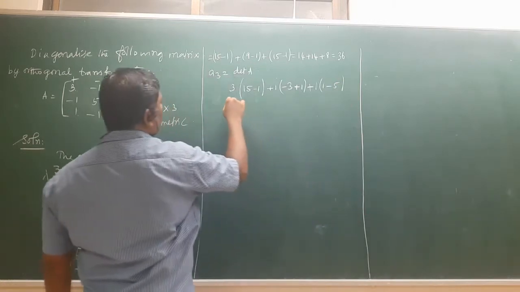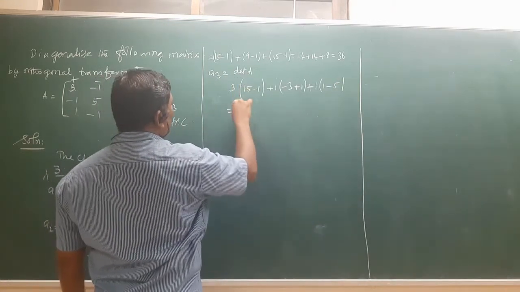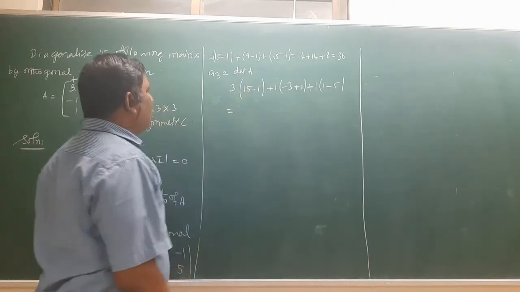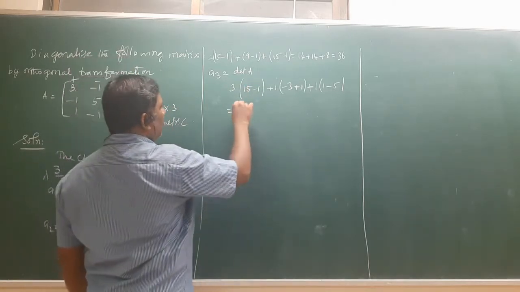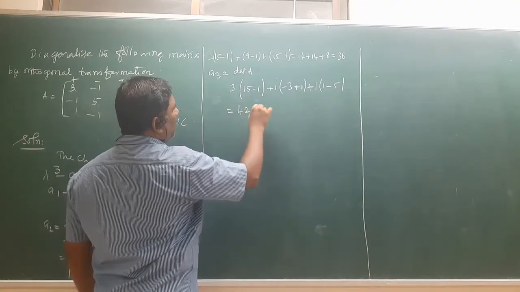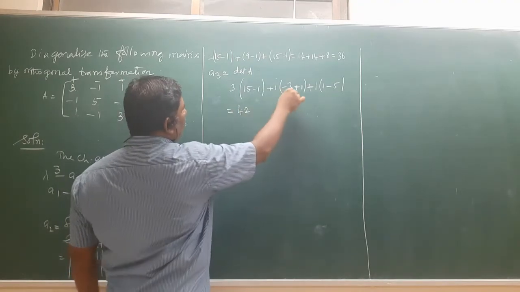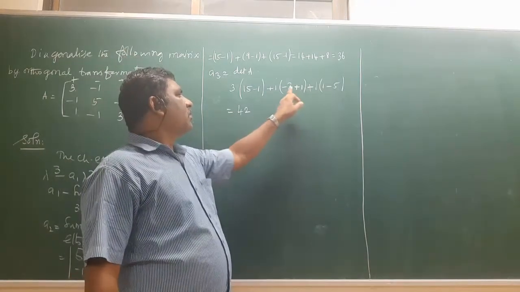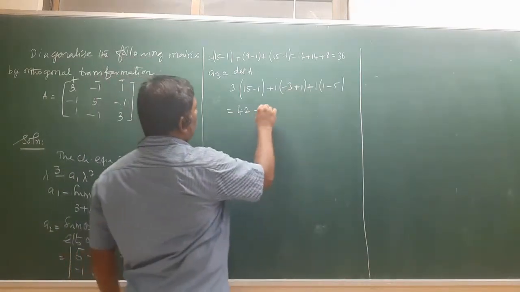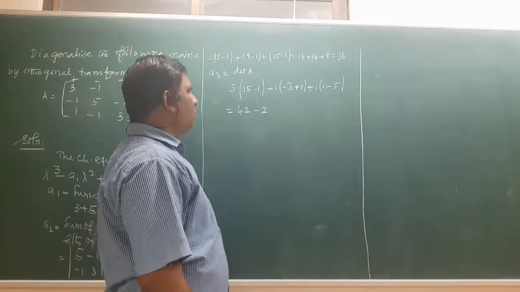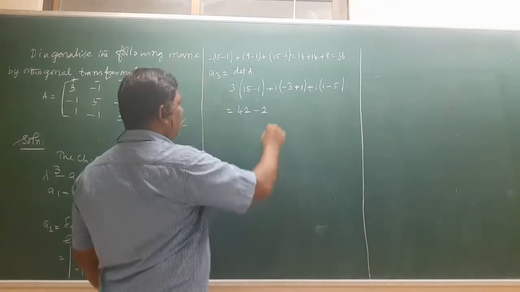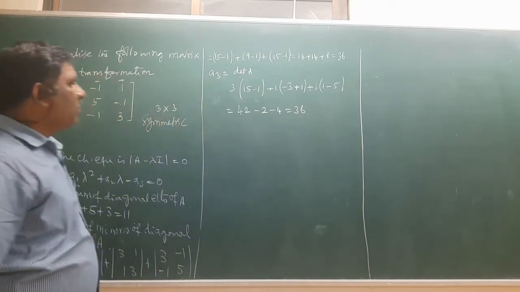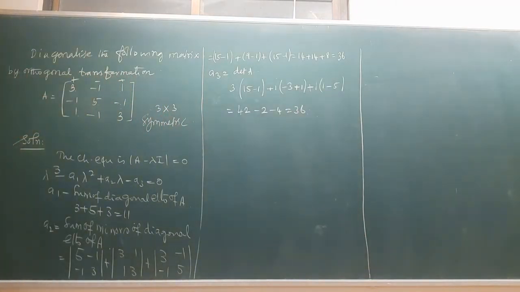So that is equal to 3 into 14, 42, minus 2, minus 4. That is 36. So the determinant of A is 36 here.